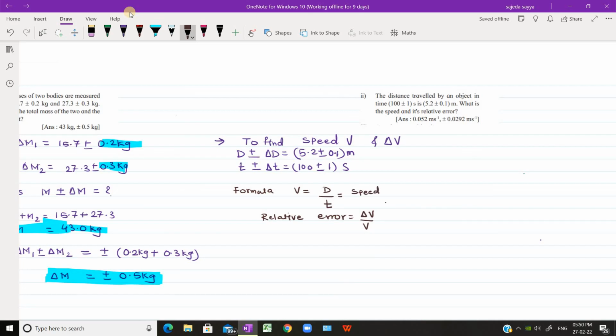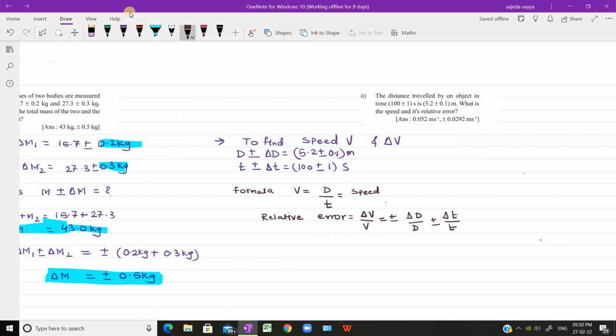So from this, and as per our earlier discussion, if division is there, then their corresponding errors will be added. So from that, the formula will be delta d by d plus or minus delta t upon t.